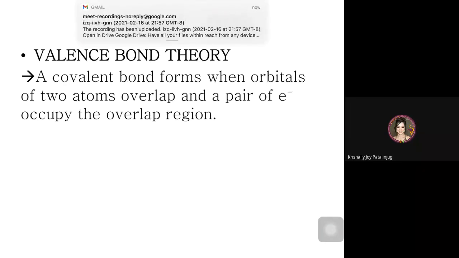Now, the most useful approach in answering these questions is the valence bond theory.